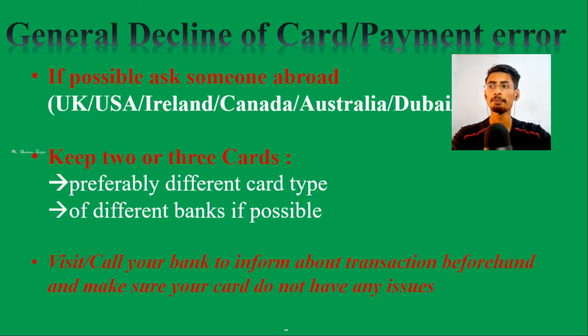So what you want to do, first thing, if possible, ask someone abroad, like from UK or USA or Ireland or Canada or Australia. And the next solution is, if you are booking from your home country, like Southeast Asian countries especially, or any other country, it is wise to keep 2 or 3 cards, and preferably from a different card type and different bank if possible.